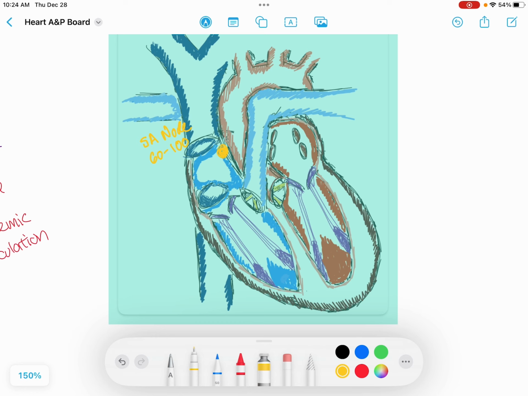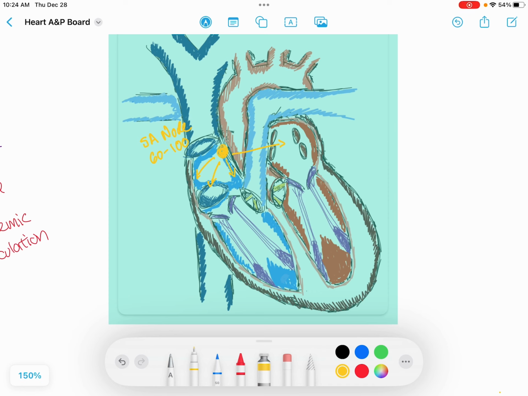Now, when the SA node fires these signals, it sends them down electrical pathways. Every single cell in the heart has some level of automaticity, so it can self-generate a signal, and excitability, meaning it can respond to other signals. But there are certain roads, if you will, that the electrical signals tend to prefer to travel quickly down.